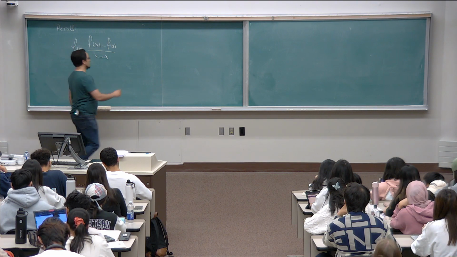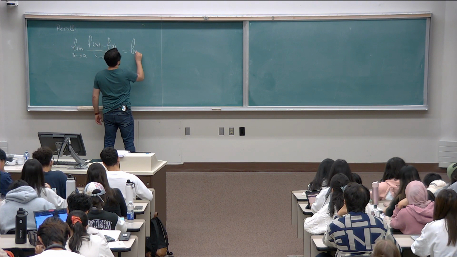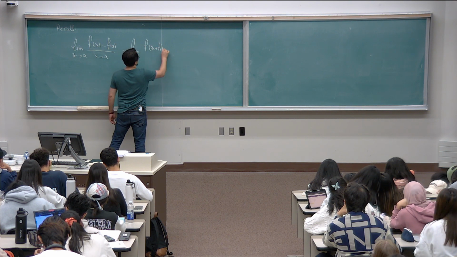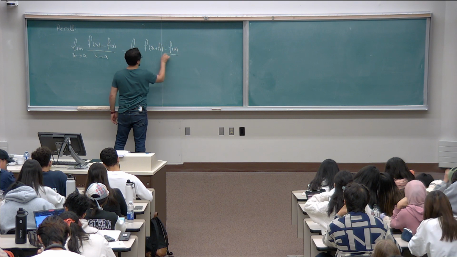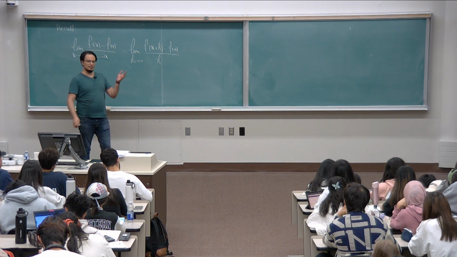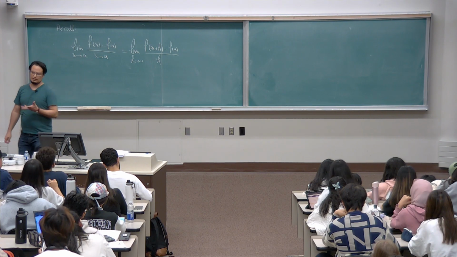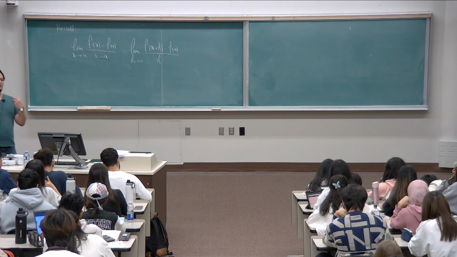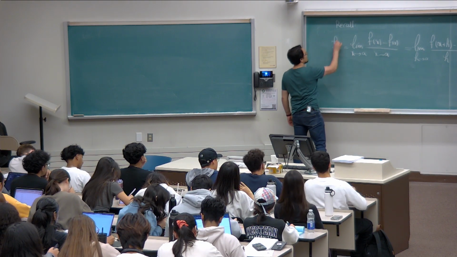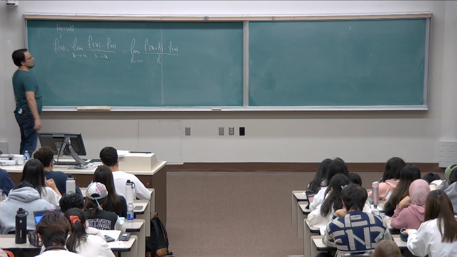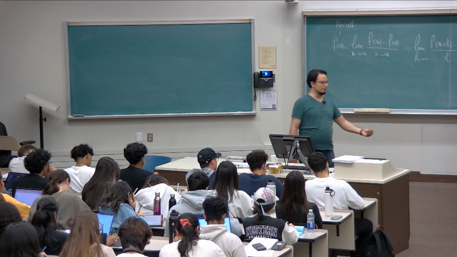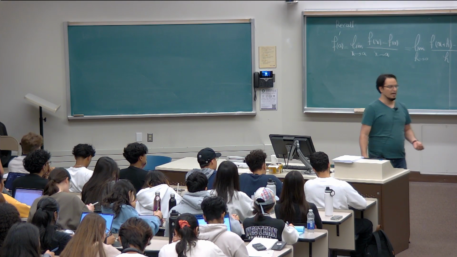We had an equivalent limit, which was f of a plus h minus f of a over h as h goes to 0. Either one of these, you get the same answer. If the limit exists, we said that this function is differentiable at a, and the value of that limit is the derivative of that function at the given point.